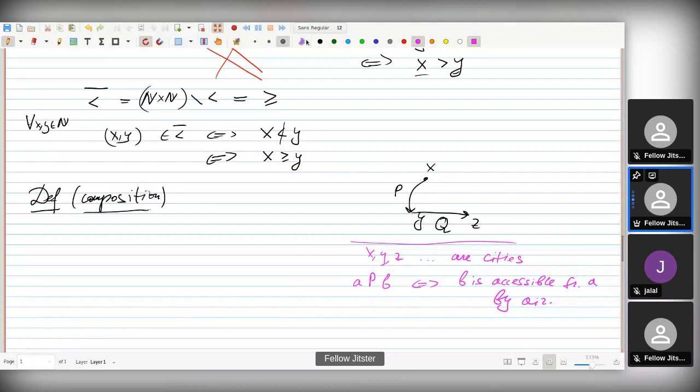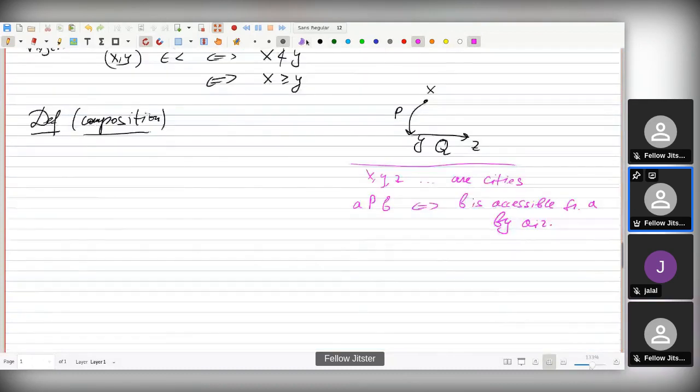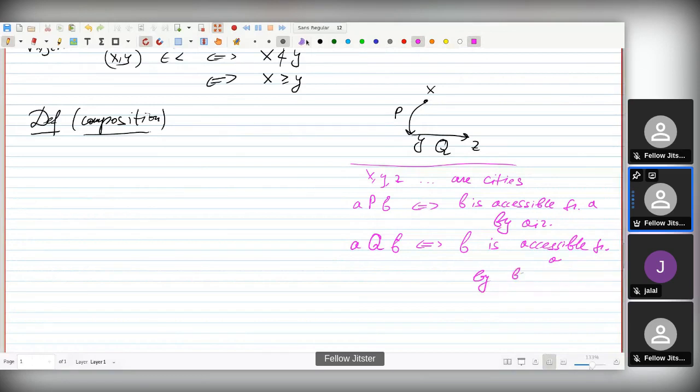You can travel by plane from A to B. Is this idea clear? It is a binary relation. Yes. Assume that A Q B means that B is accessible from A by, say, bus.